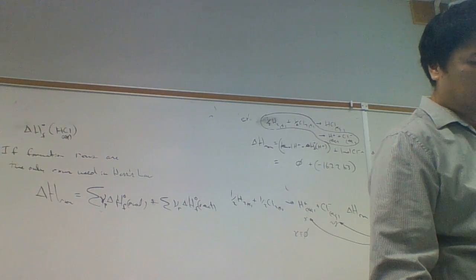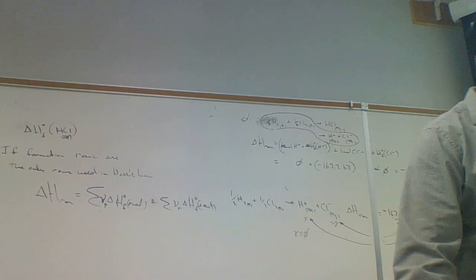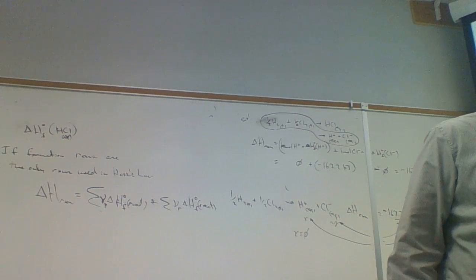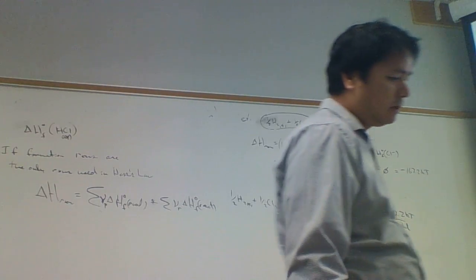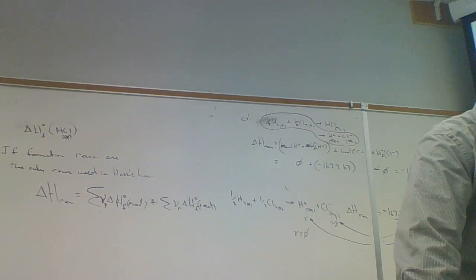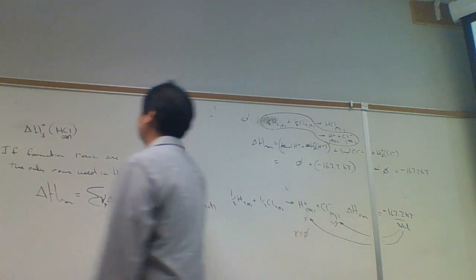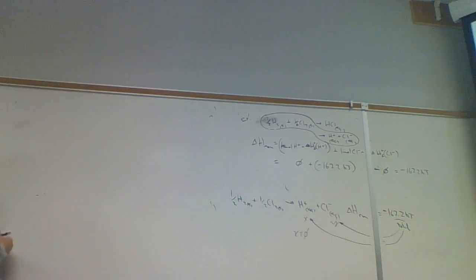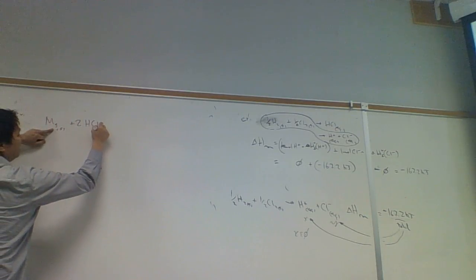And so let's do another example of ions in solution. Now, I know the Cl minus, but what about some other things? Okay, well, let's take a look at some other things here. Let's look at a reaction here. As an example, magnesium solid plus 2 HCl AQ.